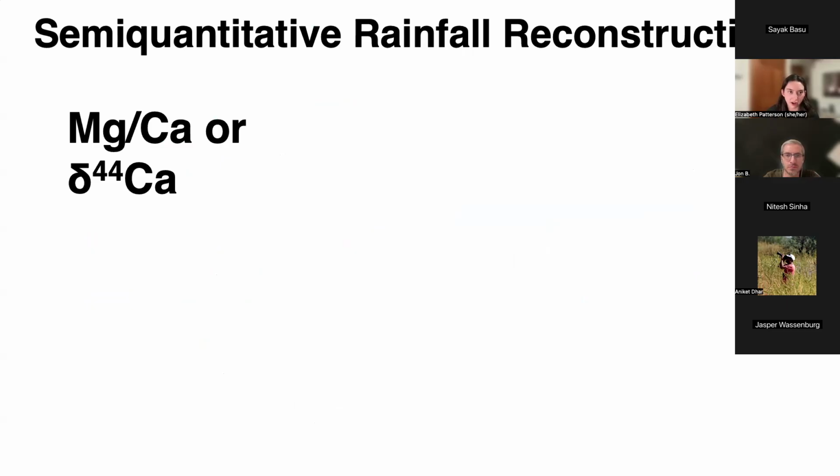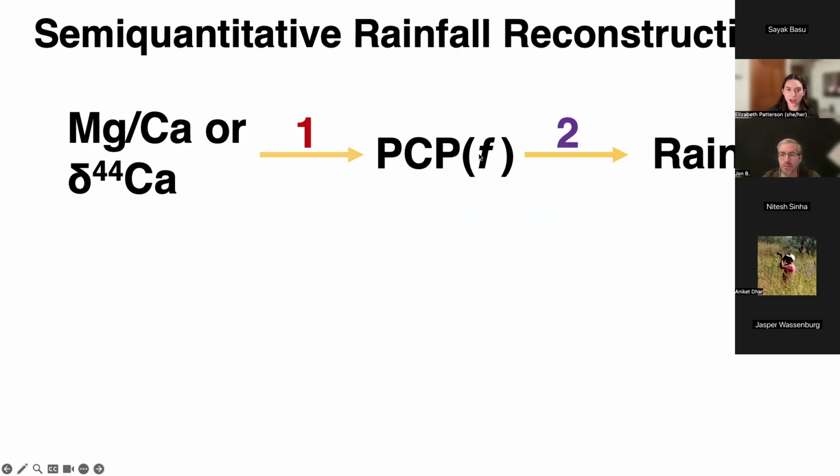To spell that out, you have your magnesium calcium or calcium isotope value from your speleothem. You back out the PCP amount, or this F value here, and then you have an established relationship between PCP amount and rainfall to eventually get your rainfall reconstruction.